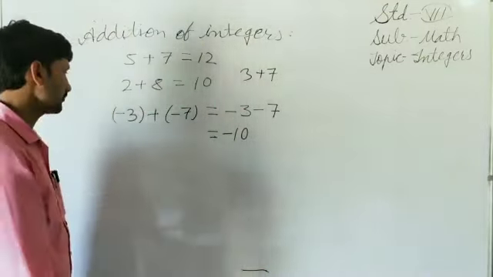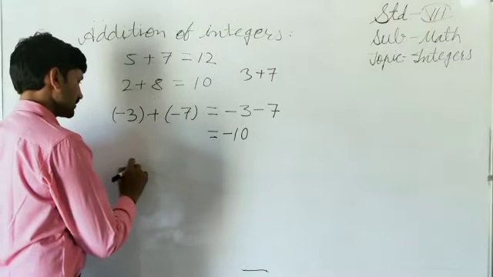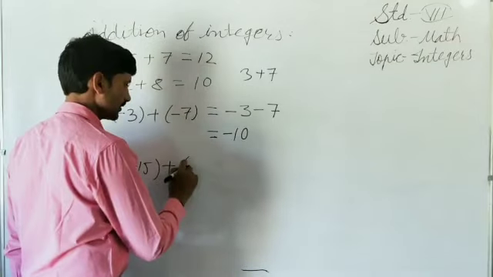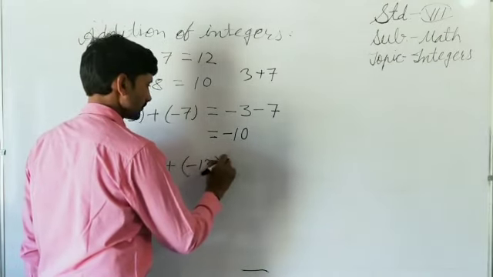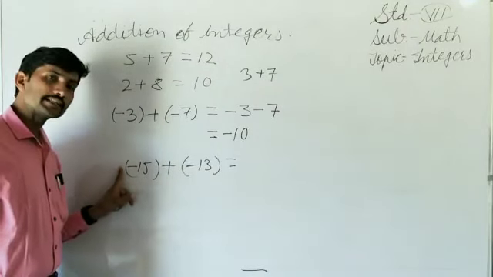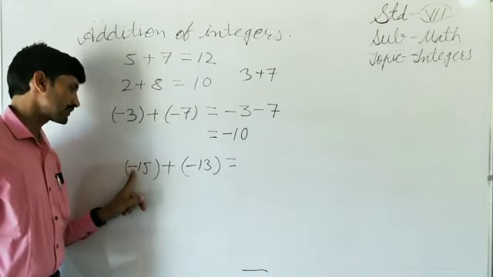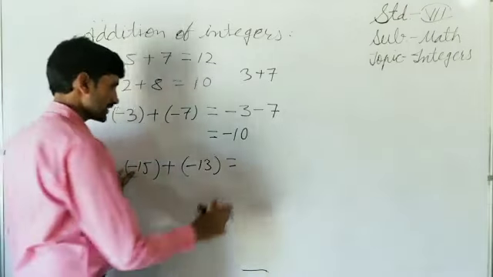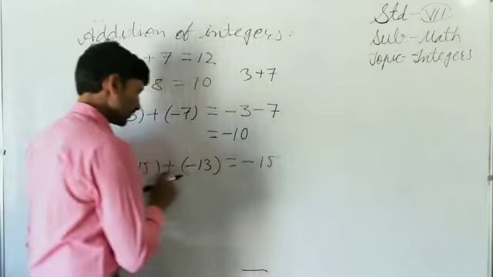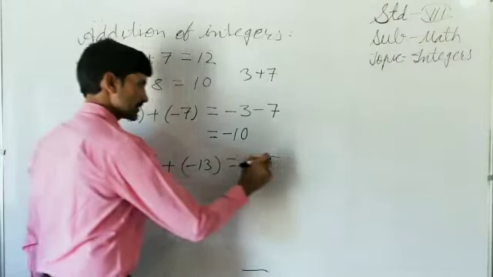Let us take another example. If I take here minus 15, and if you want to add, so plus sign, here minus 13. First of all, let us remove the bracket. Outside the bracket, what sign is here? Plus. Inside is what? Minus. Outside and inside, if the signs are opposite, then it will be minus. Minus 15. What is here? Plus. It is minus. Plus minus minus.